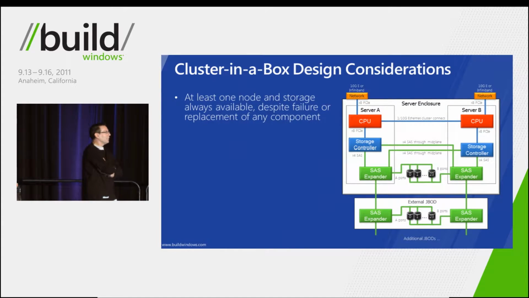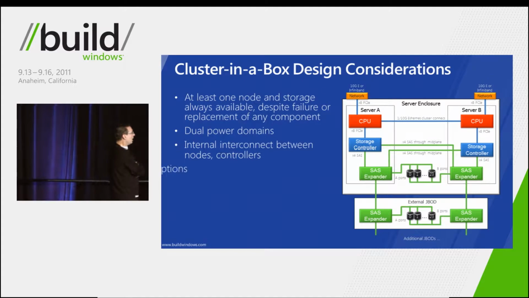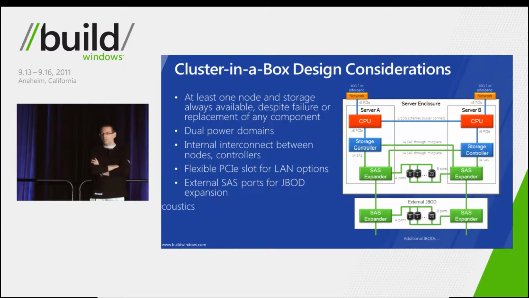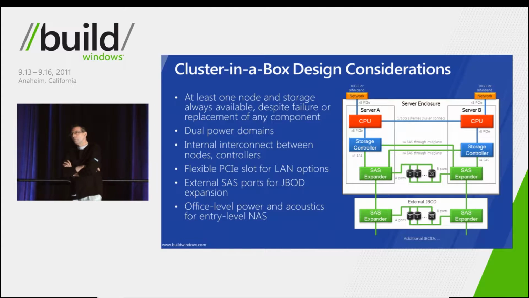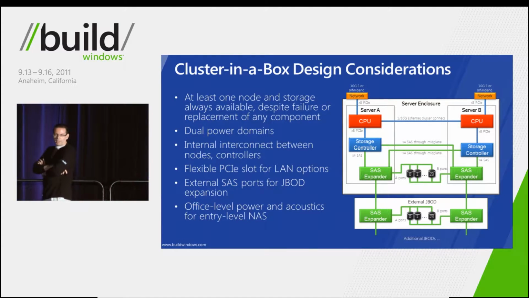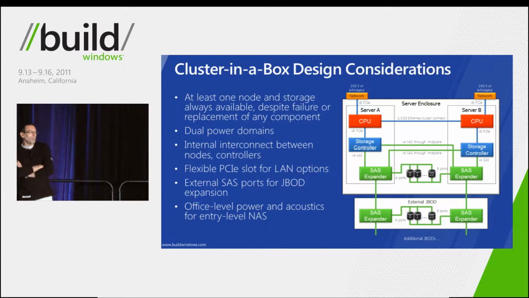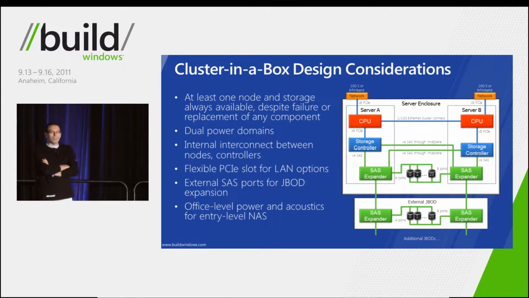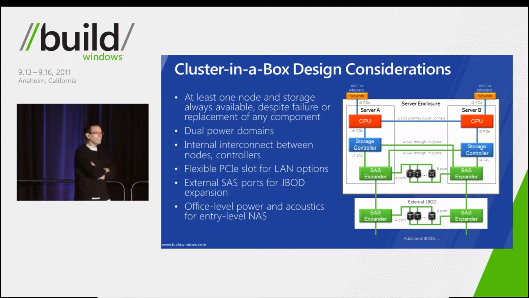So if you're going to build a cluster in the box, here's an example of the logical diagram for one of these systems. It's fairly straightforward. Think about the redundancy of the components. Think about the interconnects and the data paths that you need to have to make that work and to make the system be able to fail over.